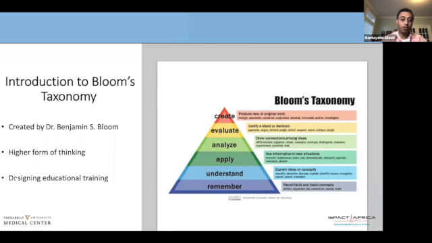And depending on what the subject matter requires, that helps us design our educational training. And we will go over Bloom's taxonomy in a little bit more detail during this talk.